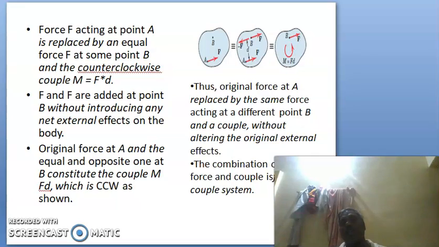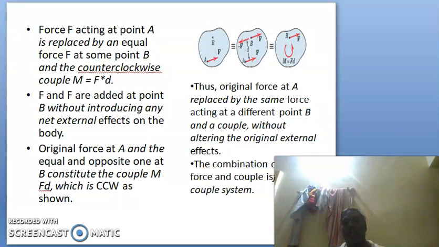In the left extreme, a body or a system, as it can technically be referred to, with a single force, through some procedure is converted into a force and a couple as shown in the third one, through the procedure shown in the second one, the middle one.